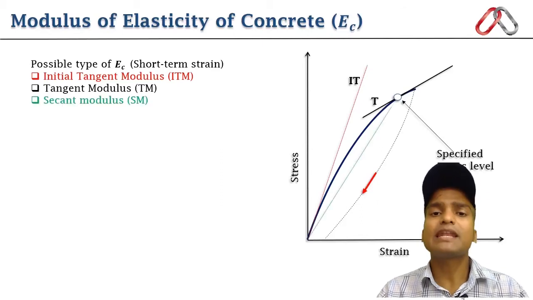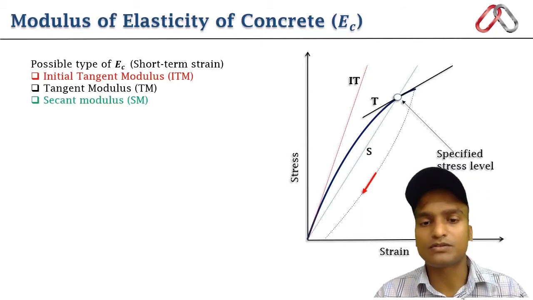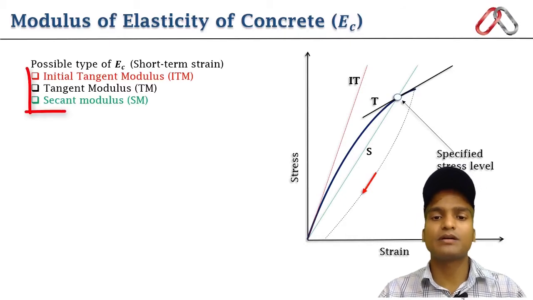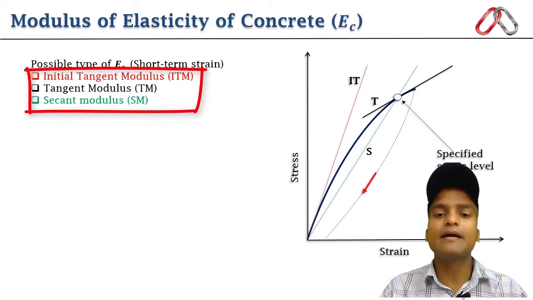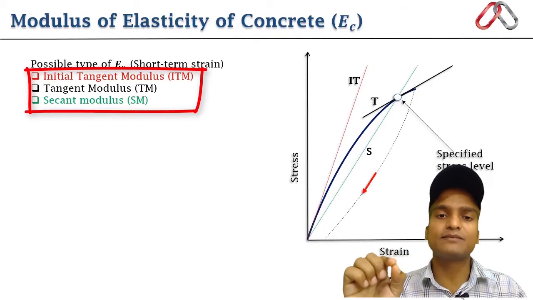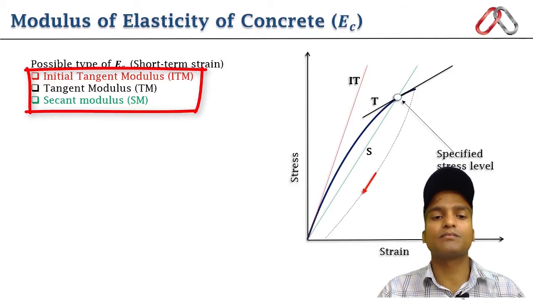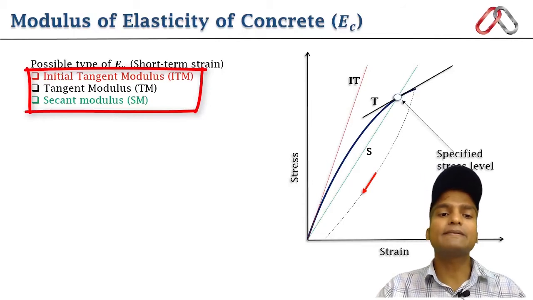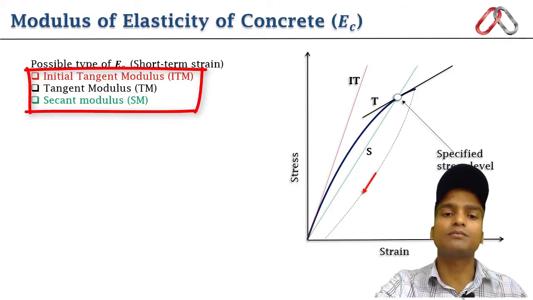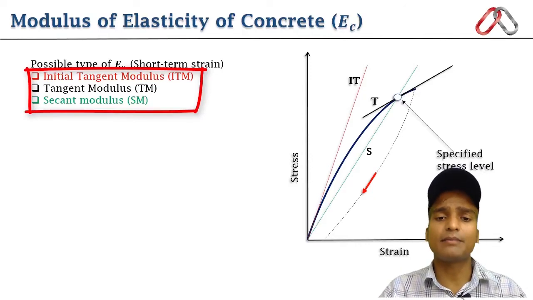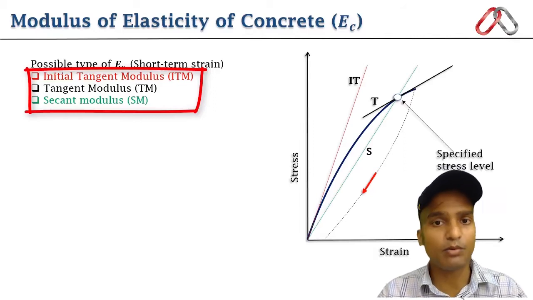Whereas we can have secant modulus of elasticity also, and this is the slope of the line joining the point XY and the origin. So all these three values of modulus of elasticity come under the category of short term modulus of elasticity, and this we can very easily calculate if we have the equation of the curve or the graph of stress strain curve is provided.